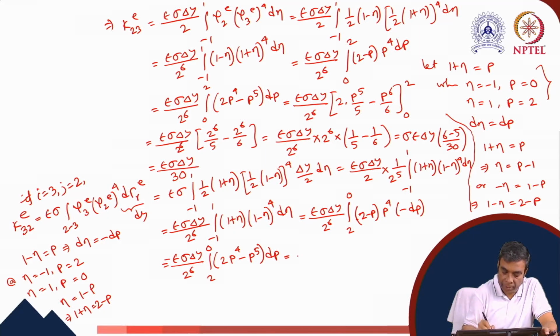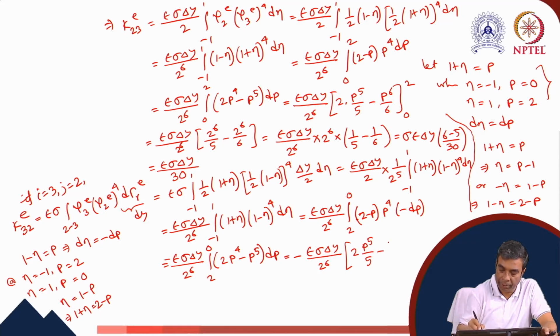This gives us minus epsilon sigma delta y by 2 to the power 6. Here we have 2 into p to the power 5 by 5 after integration, minus p to the power 6 by 6, varying from 2 to 0.